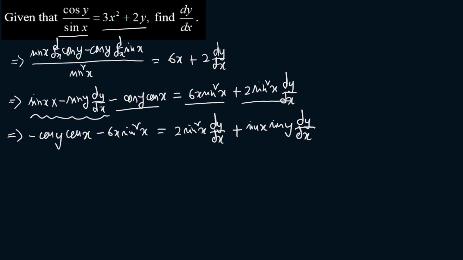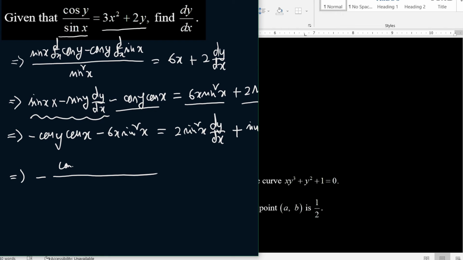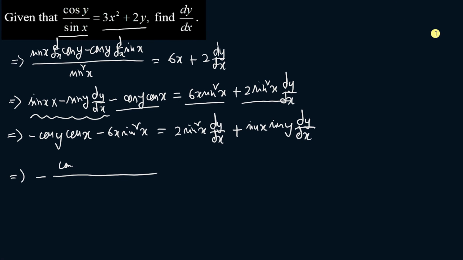So now we can make dy by dx as a subject, and the expression would be, we can take minus common and we can write the expression cos y cos x plus 6x sin square x, because I took the minus common, and from the right side, if we take dy by dx common, then the remaining part is 2 sin square x plus sin x sin y.